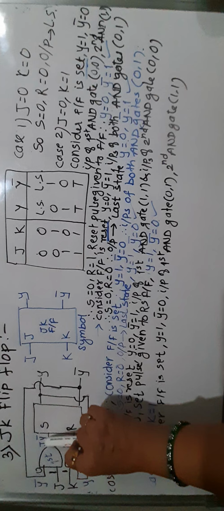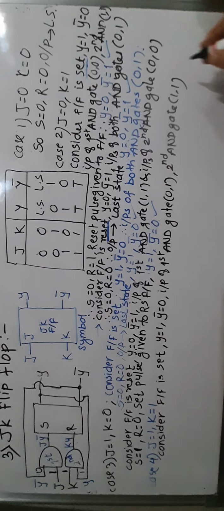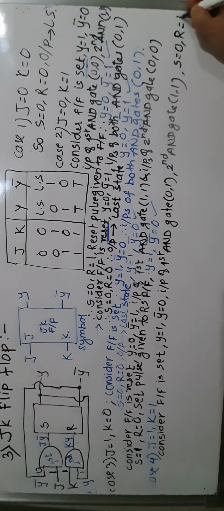Here 0 1, so S will be 0. Here 1 1, R will be 1. So we can see S becomes 0, R becomes 1.